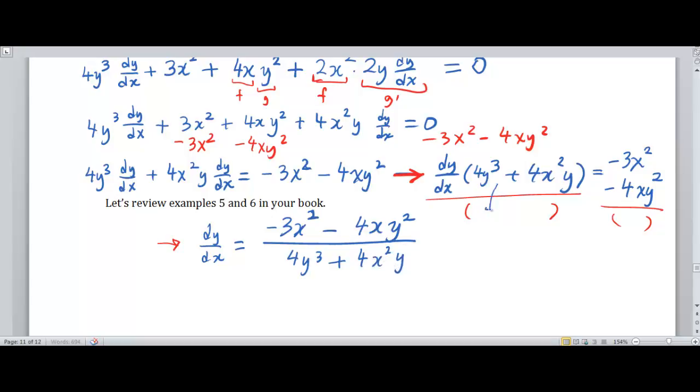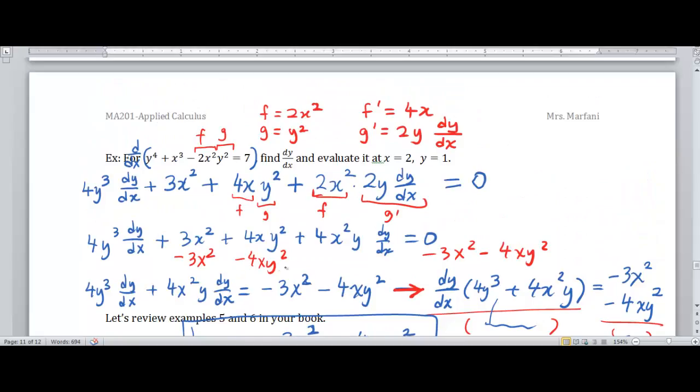So all this stuff was here, 4y cubed plus 4x squared y, okay? So that is my dy/dx. Okay, that is the derivative of this function.